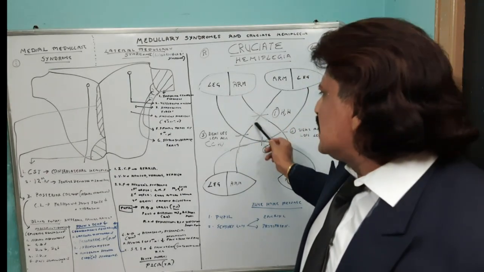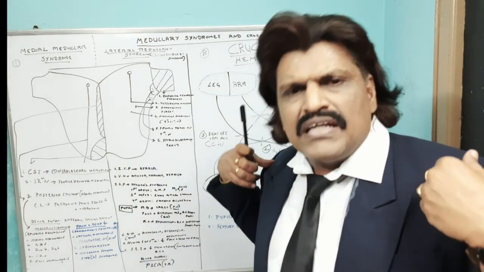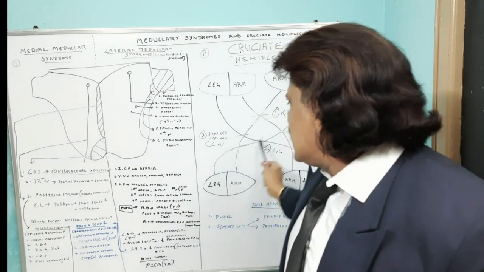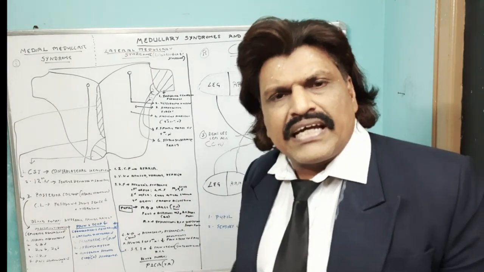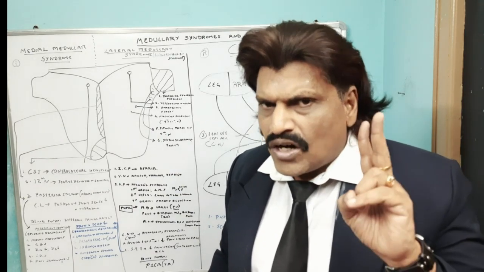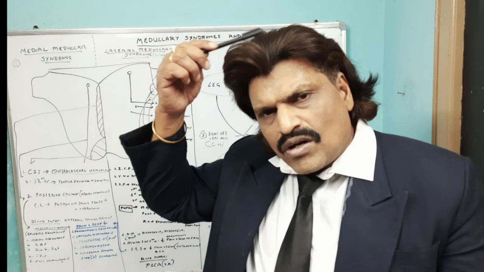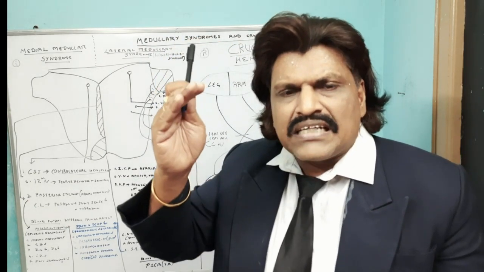So if there is a lesion here where the arm fibers cross, there can be selective upper limb involvement only. If there is a lesion here where the leg fibers cross, only leg fibers get affected, and there can be selective paraplegia. So the cerebral causes of paraplegia are two conditions. One is in the cortex, the medial part of the frontal cortex, where the leg area is supplied by the anterior cerebral artery.